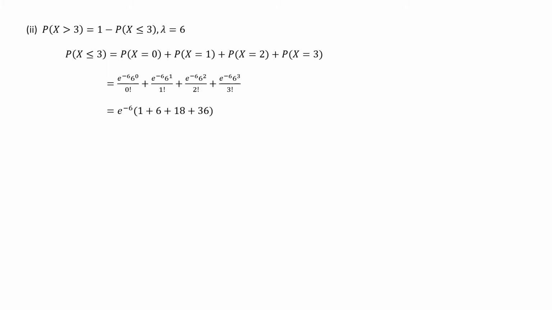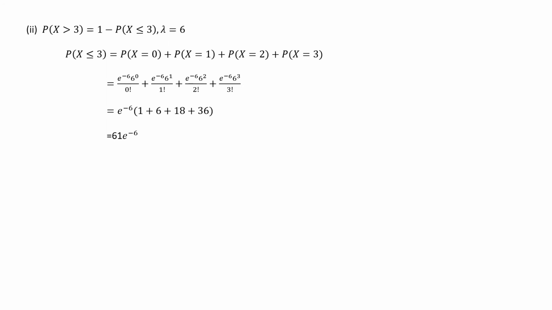Of course 6 to the 0 over 1 is 1, 6 to the 1 over 1 is 6, 6 squared is 36, 2 factorial is 2, hence the 18. 6 to the 3 over 3 factorial, 3 factorial is 6, so it's the same as 6 squared, 36.